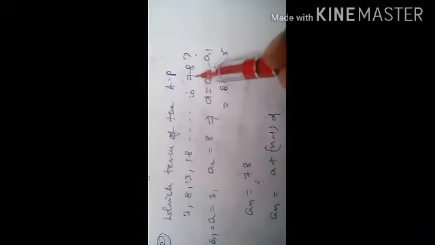Each term of an AP, the given series is 3, 8, 13 and so on. We need to find 78 is which term. So a1, a2, a3, a4 and so on, an, question mark. So d is equal to 5, an is equal to 78. We are substituting in the nth term of AP. 78 is equal to 3 plus (n minus 1) into 5.